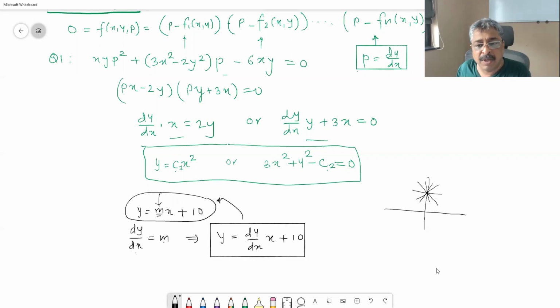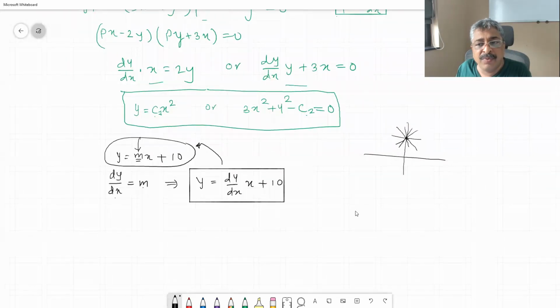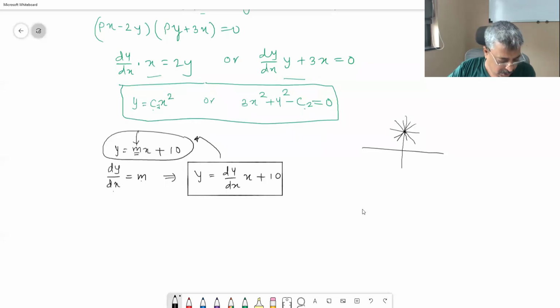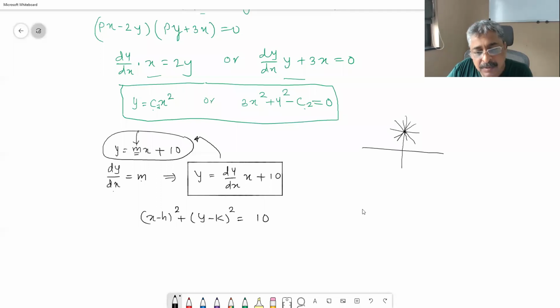Let me take another example where we want to get rid of arbitrary constants. It is algebraically a little bit complicated, but let me have it. (x minus h) whole square plus (y minus k) whole square is equal to 10. Let me have this numerical constant. Now, how many arbitrary constants are there in this equation?